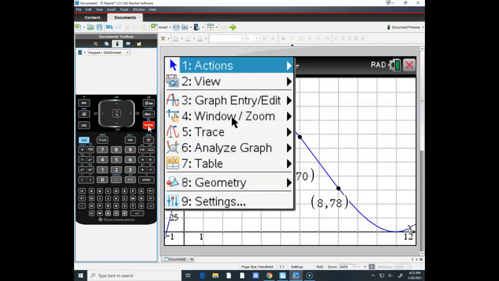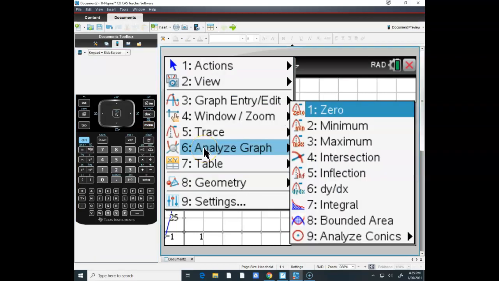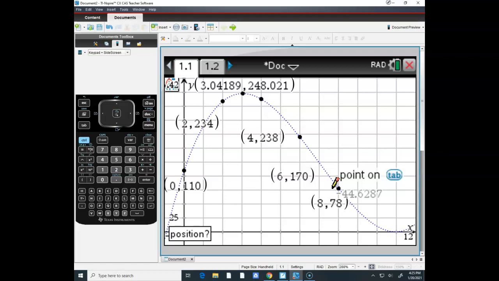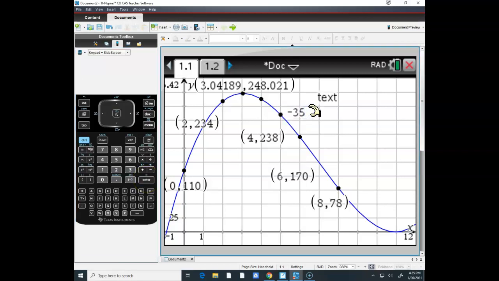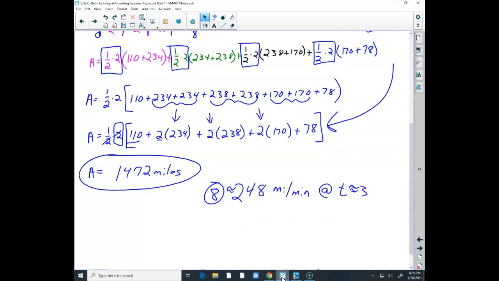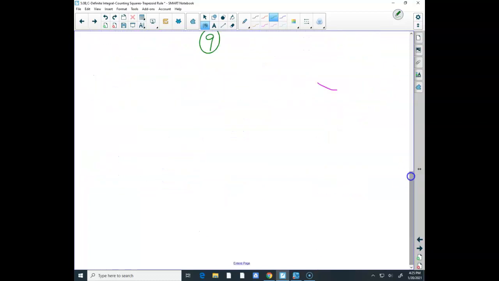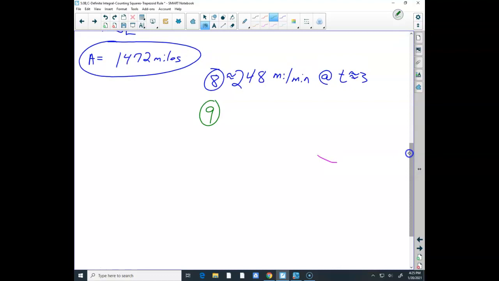Well, that's telling me to go to my calculator, analyze the graph. I need the derivative of velocity at point 5, at a specific point. And it looks like that would be negative 35 feet per second squared, because that is actually going to be number 9. Okay, Mr. Rookie needs to come back for that. That is actually asking us what is v prime of 5, the derivative at 5.